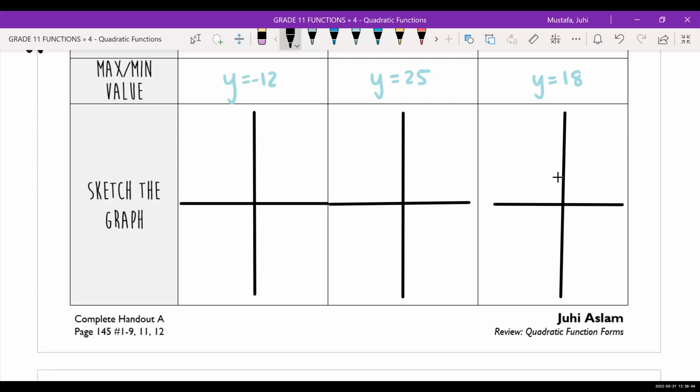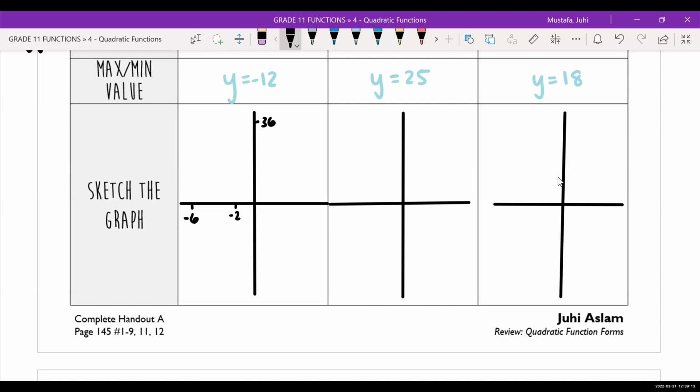So let's take a look at all the important pieces of information for the first graph. If you turn to the first page, we figured out that our y-intercept was at 0, 36, and our two x-intercepts were at -6, 0 and -2, 0. So I'm going to place -2 here. I'm going to say -6 is there. And 0, 36 will be approximately there. Again, it's not to scale because it's just a sketch.